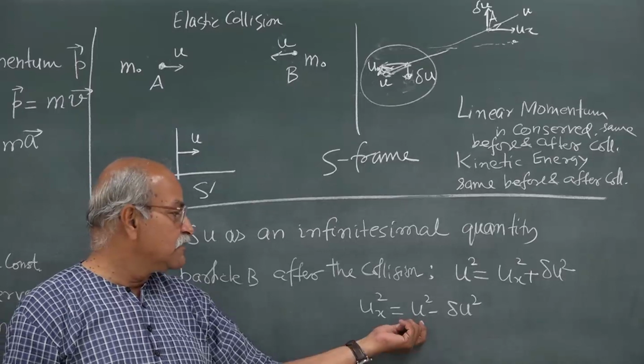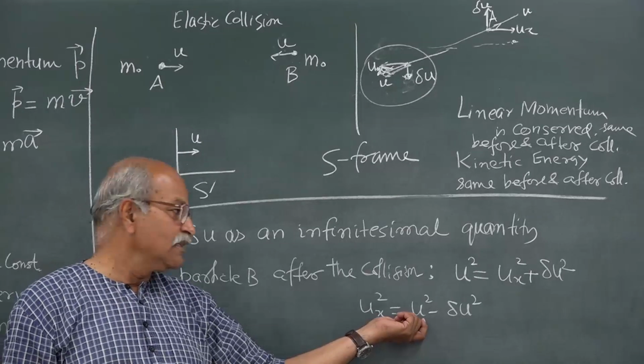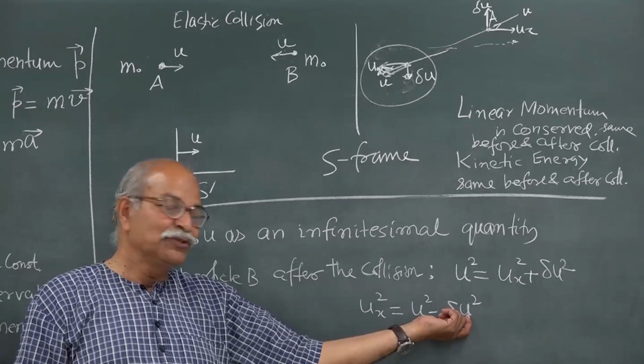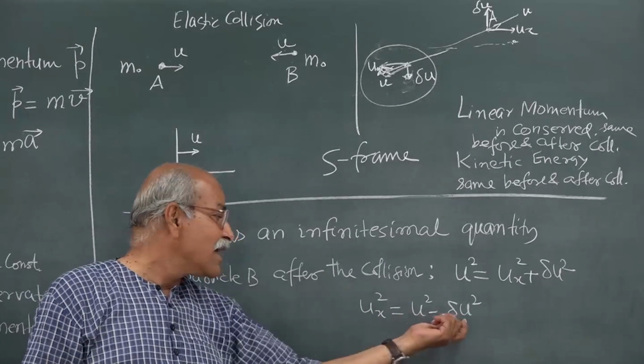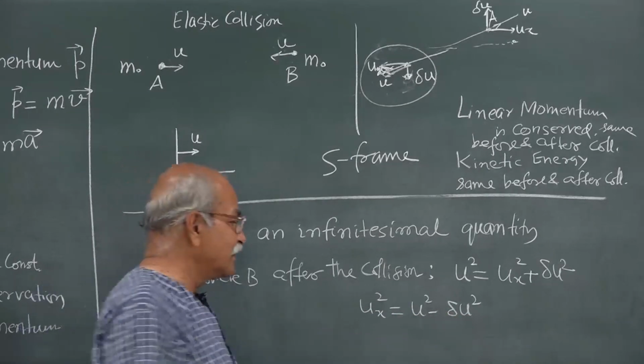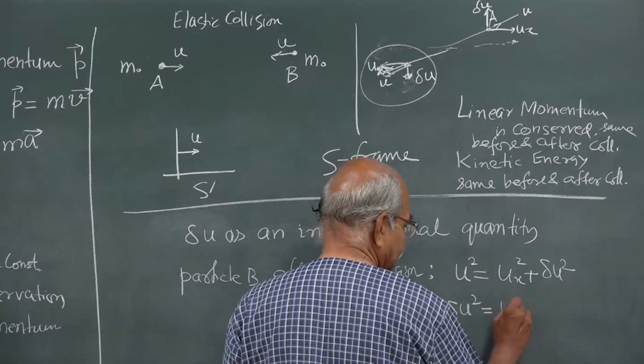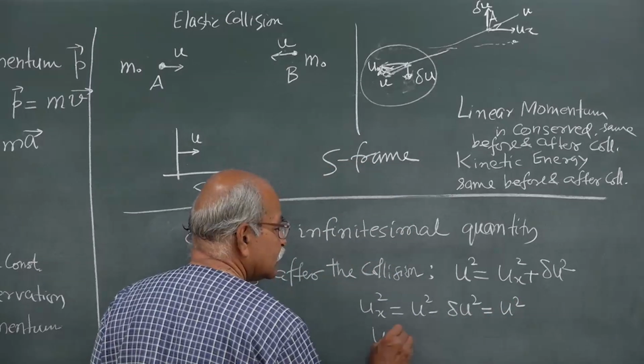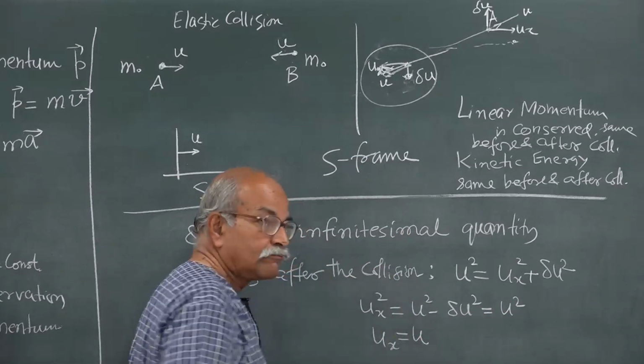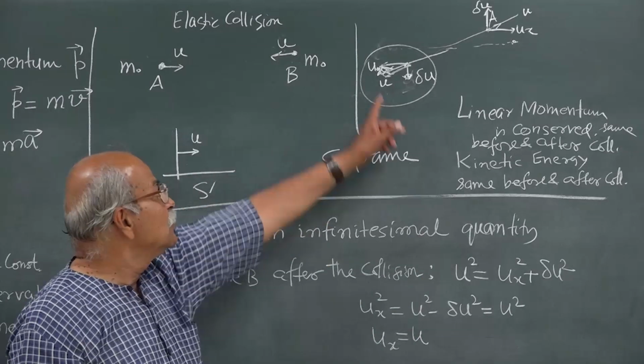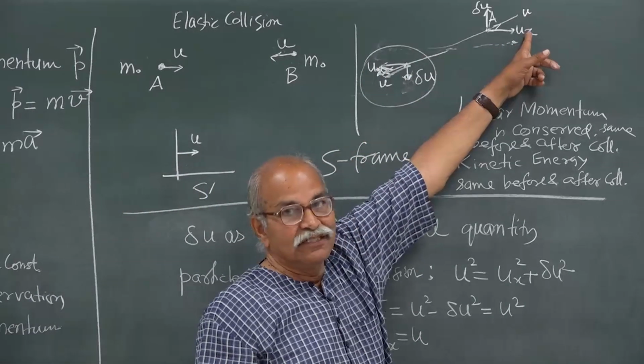You can see that this is a finite quantity and this is infinitesimal. In the presence of this, I neglect it, and hence this is u squared, and hence I can write ux as u. So this ux is u and this ux is u.